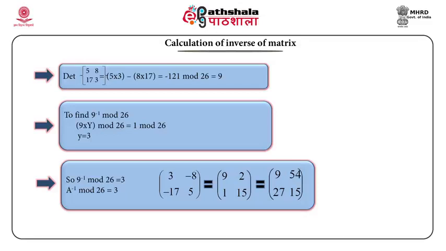If I find the subdeterminant, in that case j is 1 and i is 1. So remove the first row and first column. You are landed up with 3. So 3 goes as the first element.